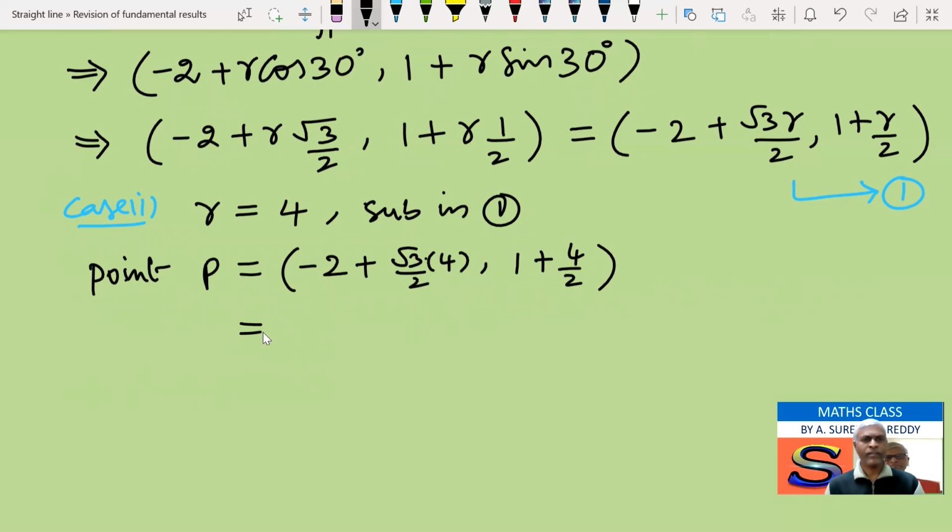So simplifying, -2 plus 2 root 3, and 2 plus 1, 3. So this is 1 point.